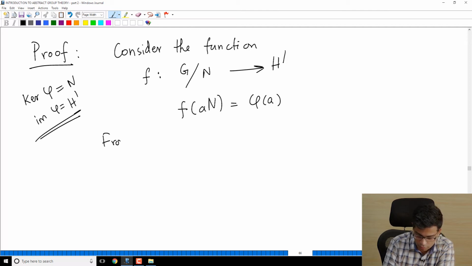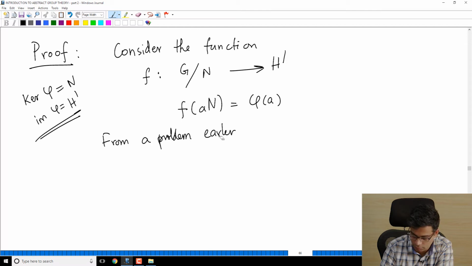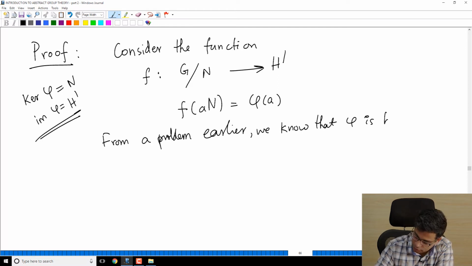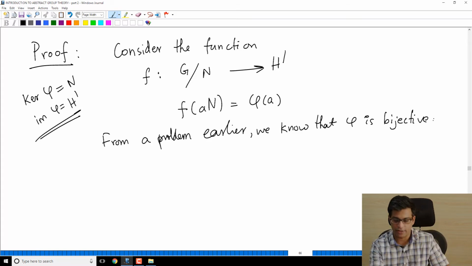From a problem earlier, we know that f is bijective. In that problem we have exactly shown that it's bijective. It is certainly onto, and if two cosets map to the same element, that means those cosets are the same.